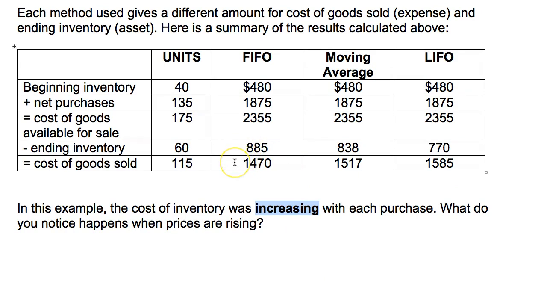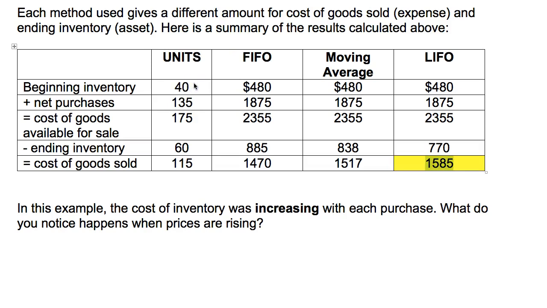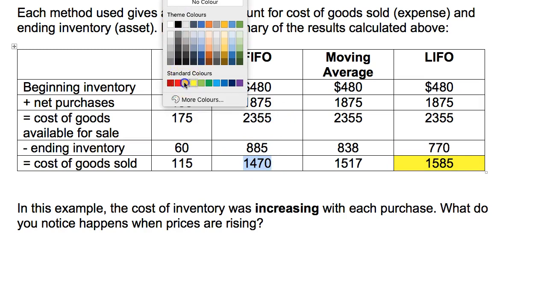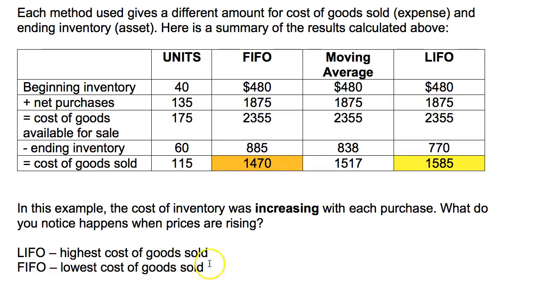Let's look at the cost of goods sold. So LIFO will give the highest cost of goods sold, and FIFO will give the lowest cost of goods sold. And the moving average will give you an amount in the middle.